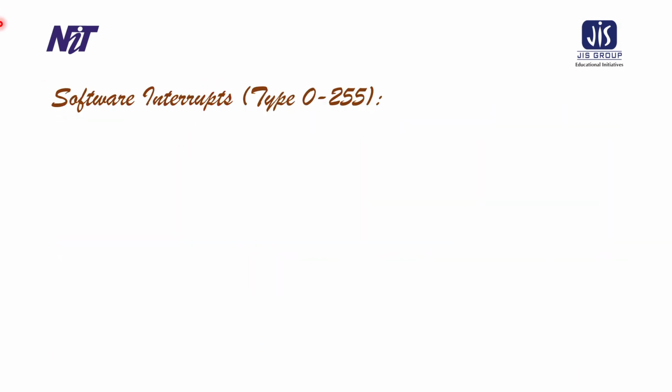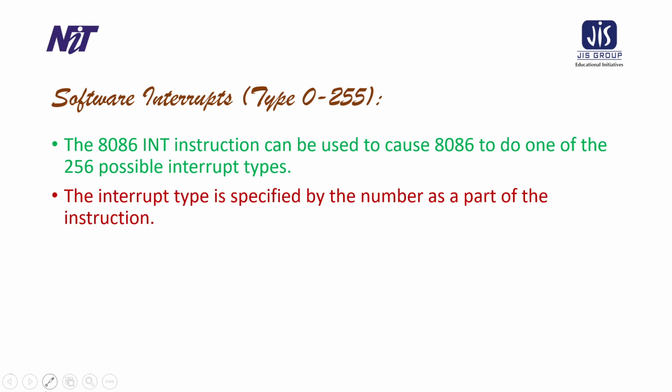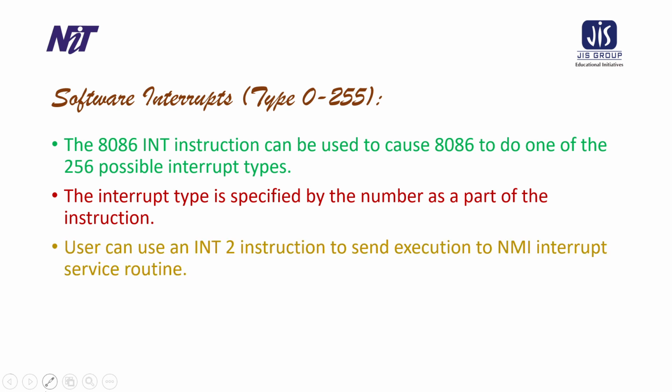Now next one is the software interrupts, or type 0 to 255 interrupts. The 8086 INT instruction can be used to cause the 8086 to do one of the 256 possible interrupt types. The interrupt type is specified by a number as part of the instruction.